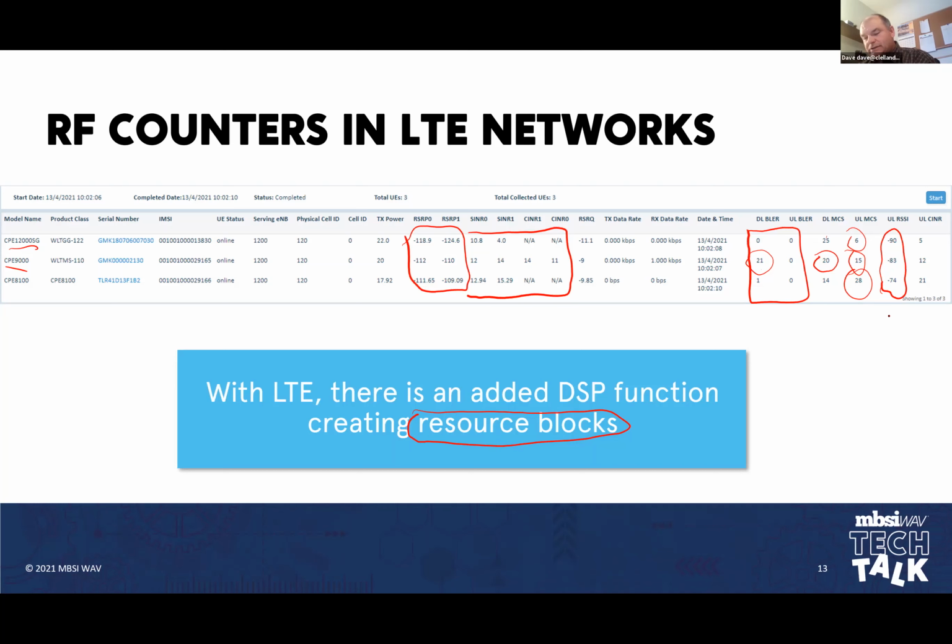So if this were a live working system, my counters are telling me that I've got a problem with the CPE 12,000 and the CPE 9,000. I have a different problem with my CPE 8100, but nevertheless, I read that from here. I don't have to go to the CPE. I don't have to log into it or anything to see that.